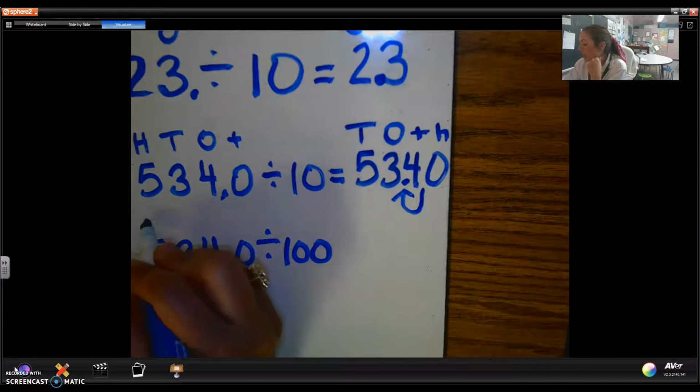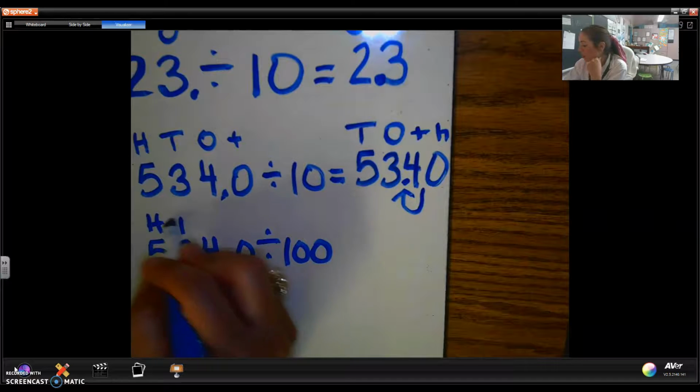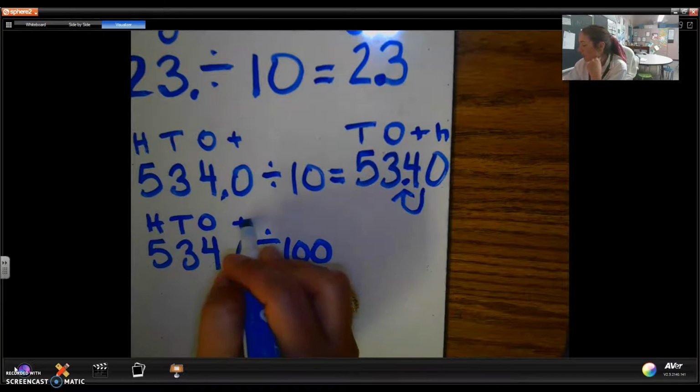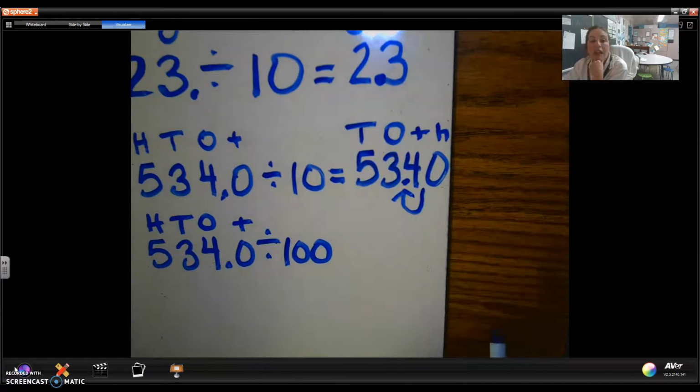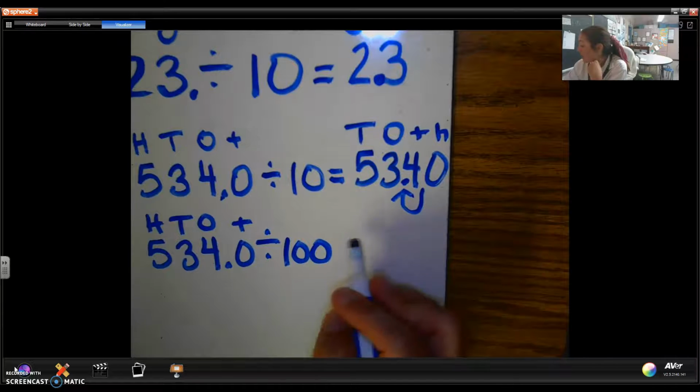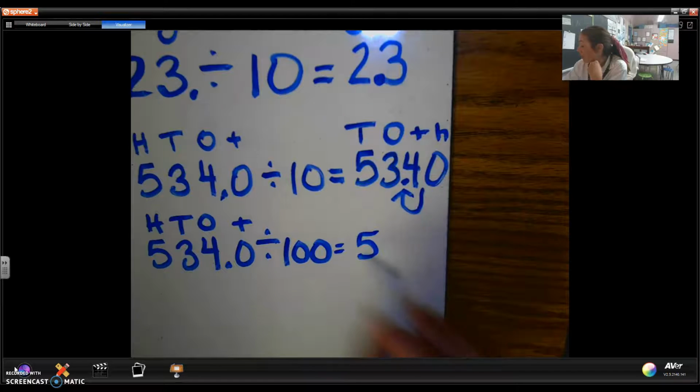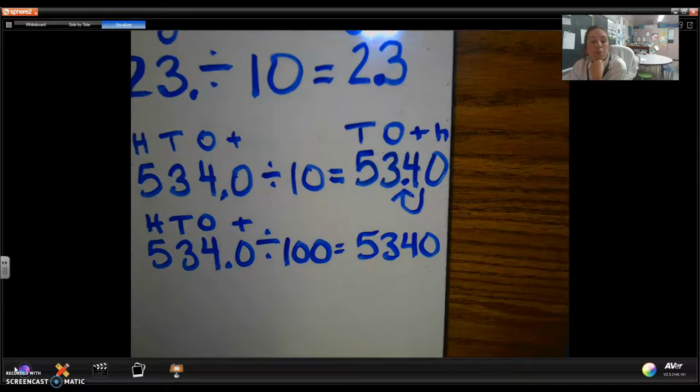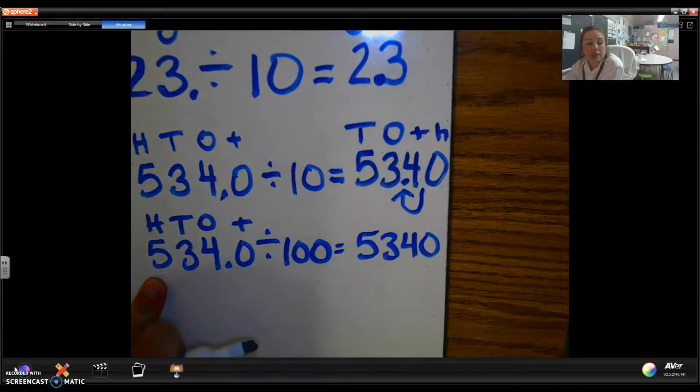So let's once again label our number with its place values. If we divide by 100, my digits stay the same, but their place values have changed. Everything moves down 2. So my 5 started in the hundreds.